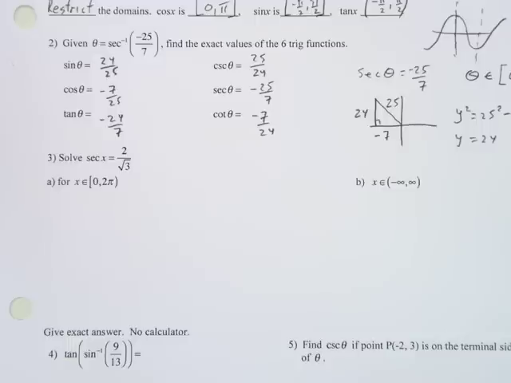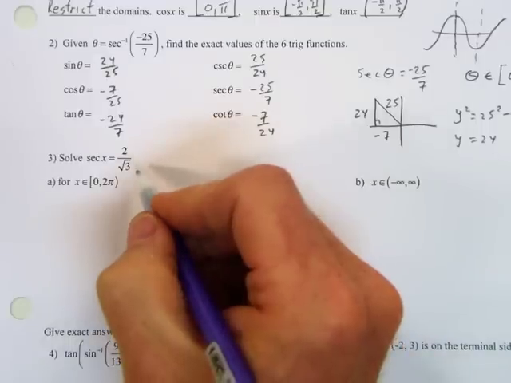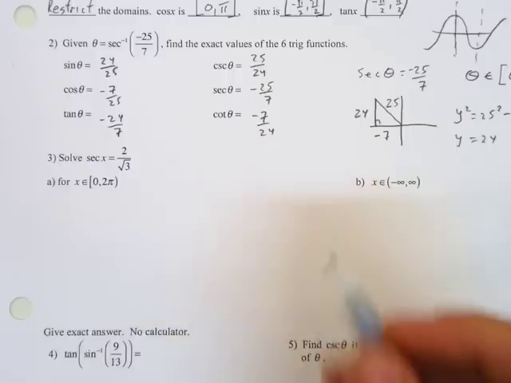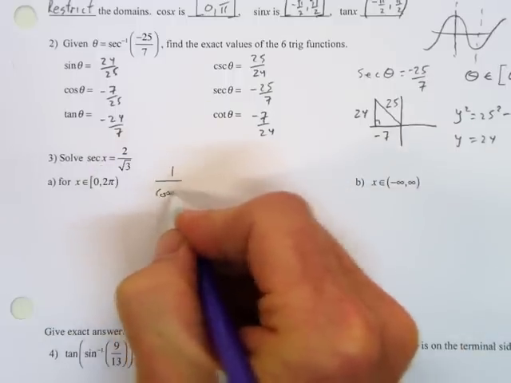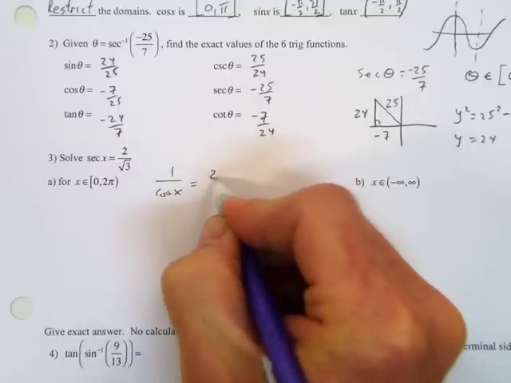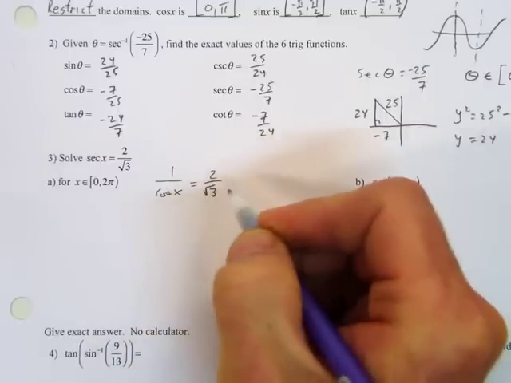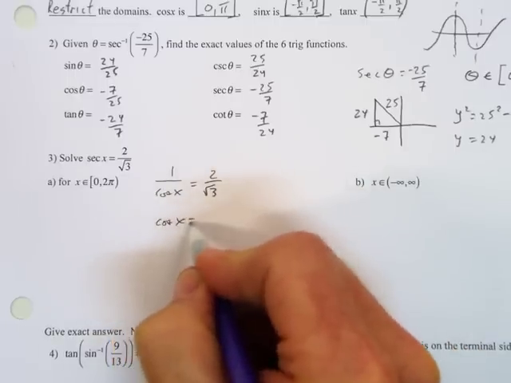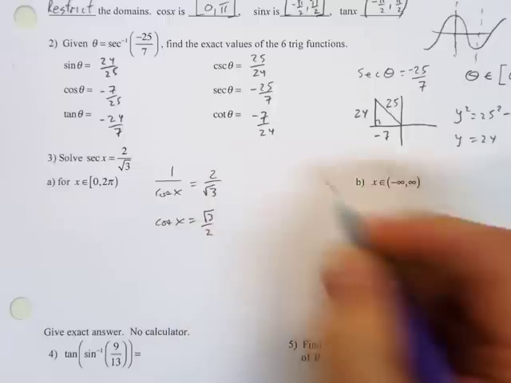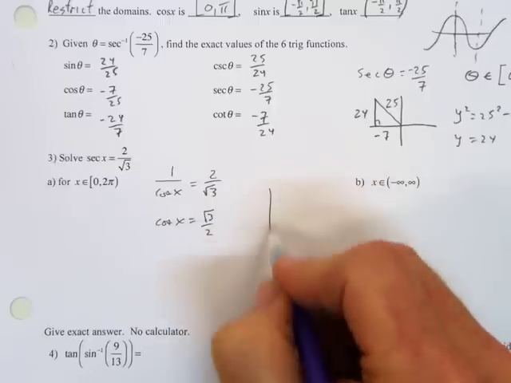Solve this equation for 0 to 2 pi. Secant, let's change it into cosine. If you have 2 fractions that are equal, their reciprocals are equal, so we'll get cosine of x equals root 3 over 2. Now what I want you to do is draw it on your unit circle.